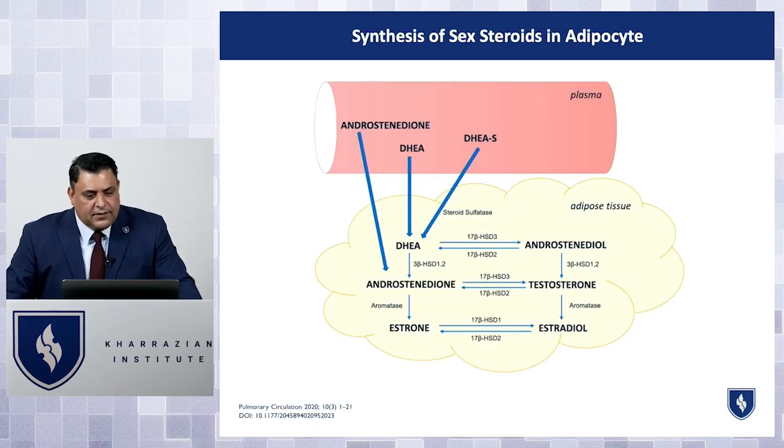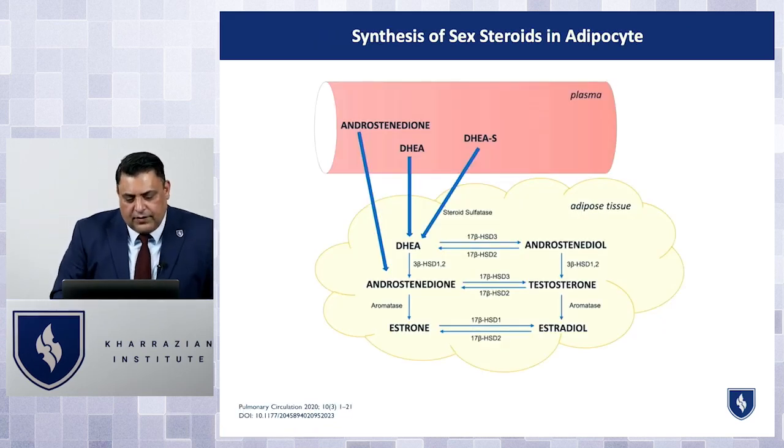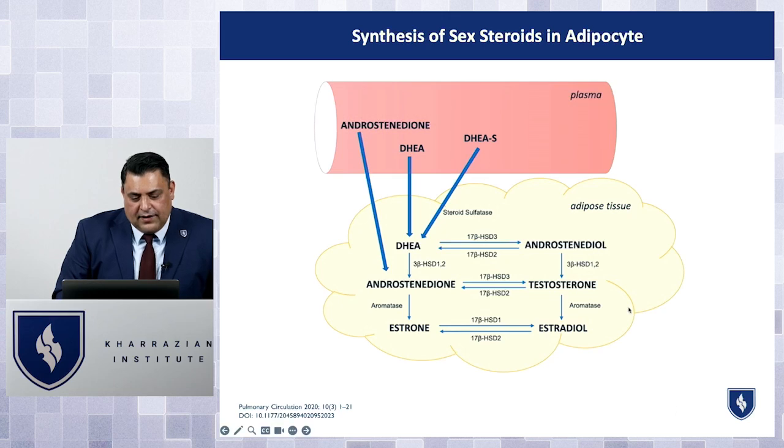And then here you can see hormones being made in body fat itself. So androstenedione, DHEA, typically produced by the adrenal glands, go into body fat, and then they get converted to estradiol and even some testosterone in tissue. So it's a critical part of the endocrine system.